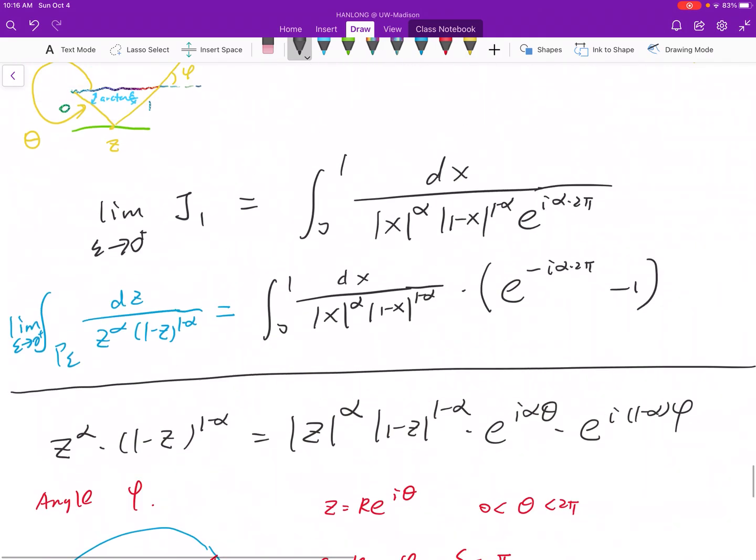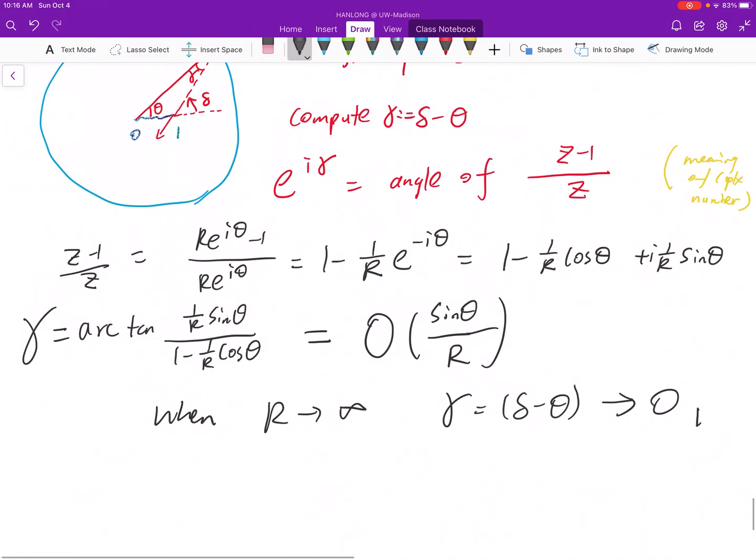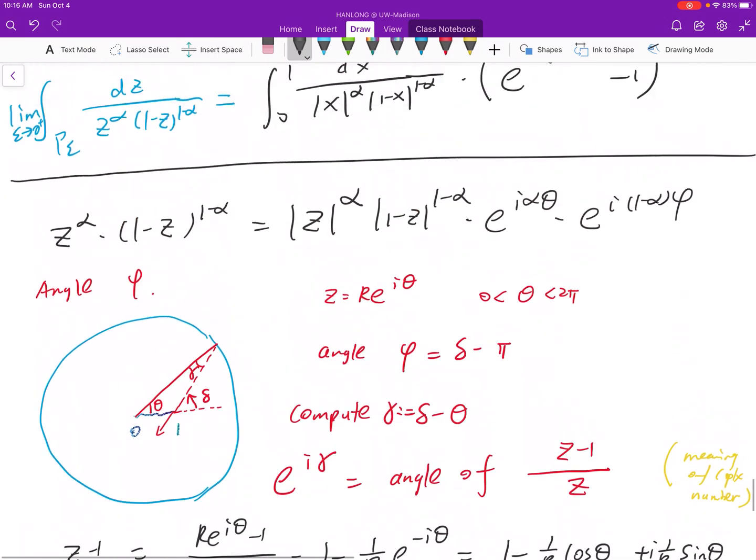So that's a property relation between phi and theta.